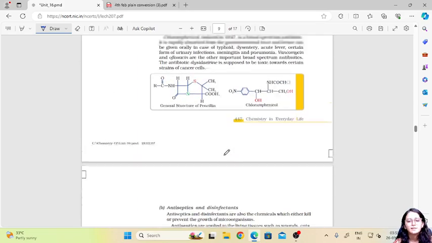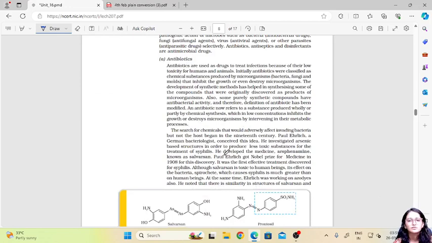In that, antiseptics, disinfectants. So we will see antibiotics first. They are the drugs which are used to treat infections because of their low toxicity for humans and animals. That means their toxicity is only towards the microorganisms.